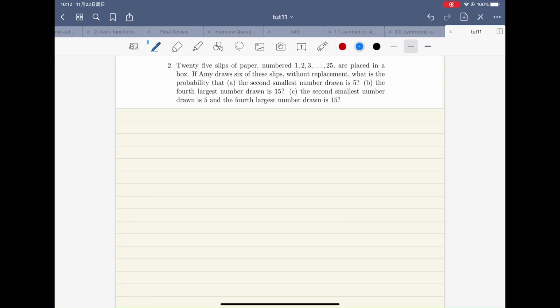Here is question 2. Question 2 says 25 slips of paper numbered from 1 to 25 are placed in a box.